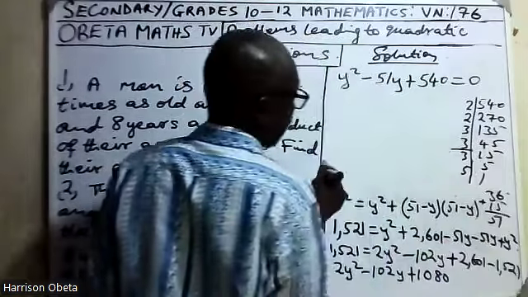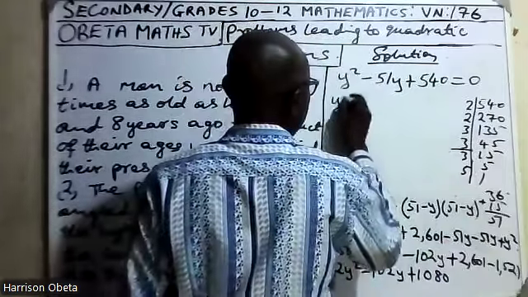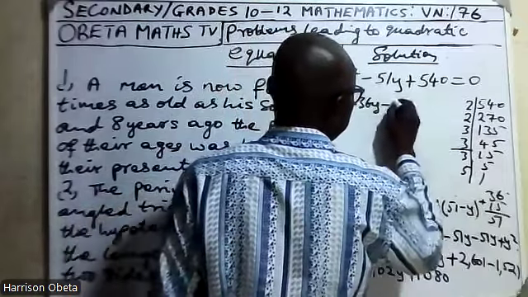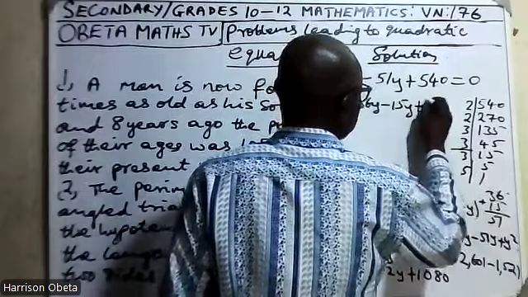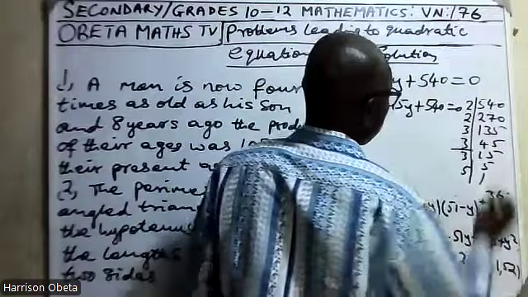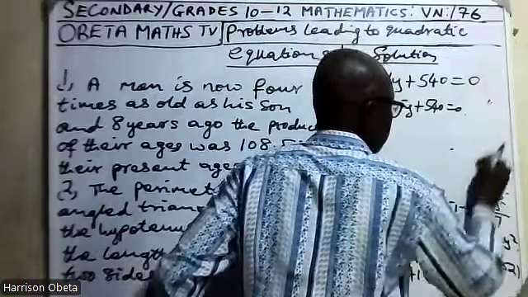Break this down to involve the 2. That will be y squared minus 36y minus 15y plus 540 equal to 0. So let's clean this.